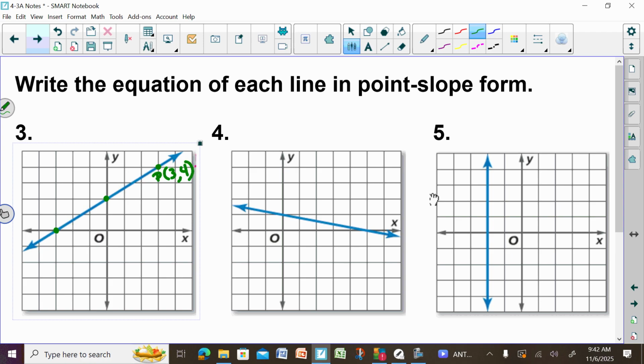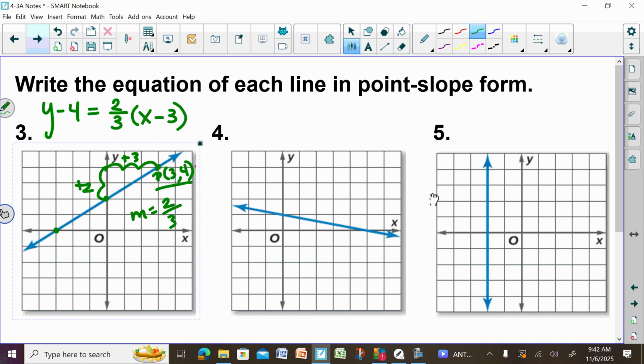And then I got to count my slope. So I'm just going to go from here up 2. I went up 2, and then I went 1, 2, 3 to the right. So here's my point, and then my slope is +2/3. So my equation, when I put that all together, y minus 4 equals +2/3 times x minus 3.